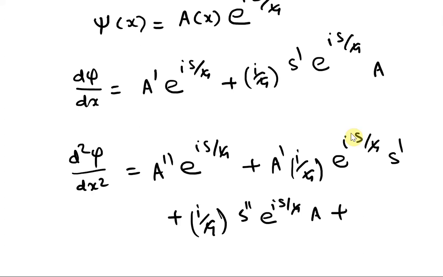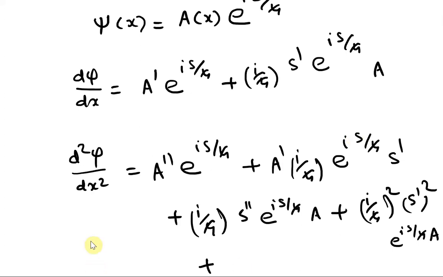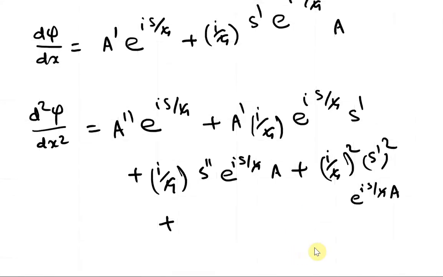Now I will differentiate this term, that will produce me i by h cross square S prime square e raised to iS by h cross A, plus another term, that is when you are differentiating A, so that will be i by h cross A prime S prime e raised to iS by h cross. So these are the different terms which are there in that expansion.